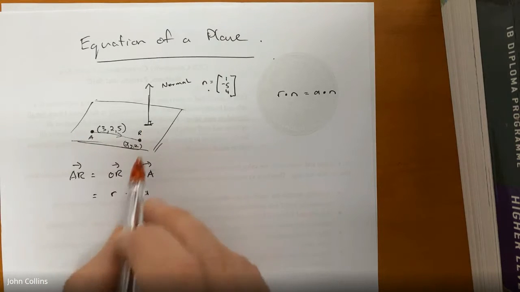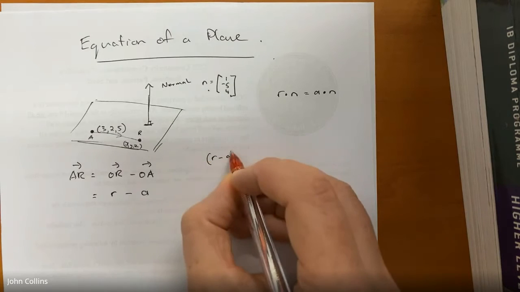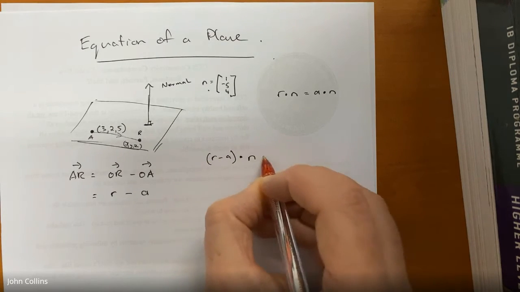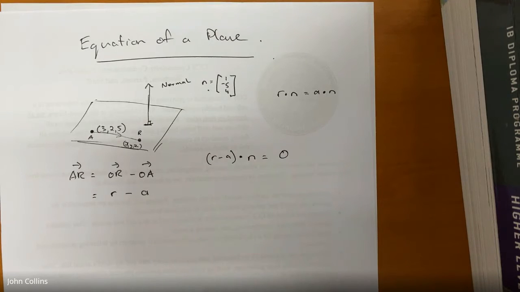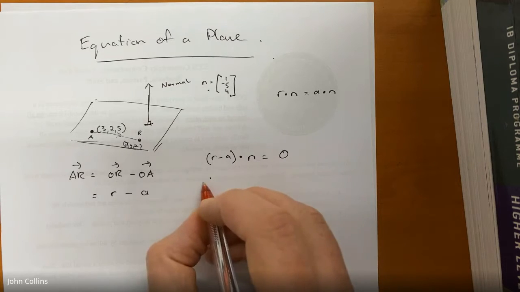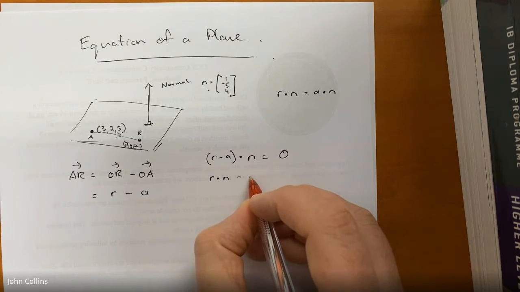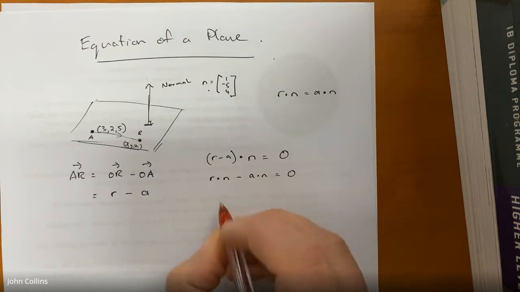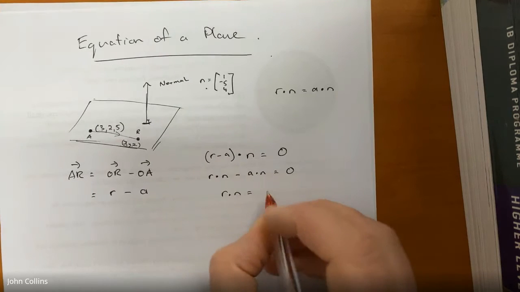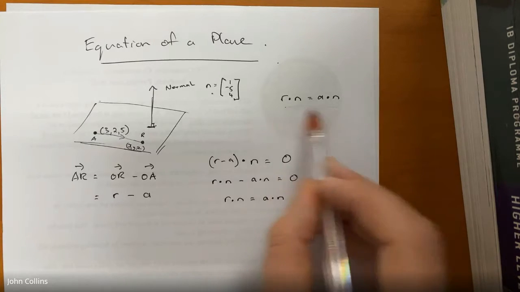If the angle between them is 90 degrees, then it's going to be 0. So we can say r minus a dot n is equal to 0, from what we were talking about yesterday. If we expand this out, using the distributive rule, that's r dot n minus a dot n is equal to 0, and therefore r dot n is equal to a dot n, which is where this formula comes from.